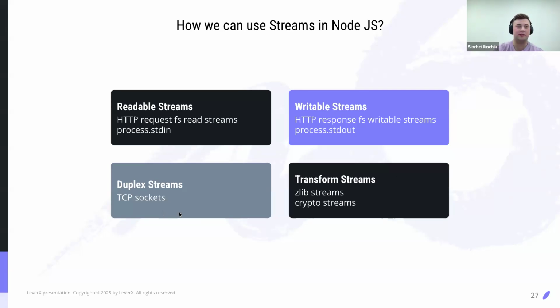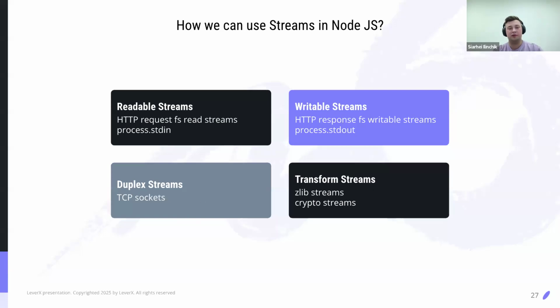Then we have duplex streams, which are TCP sockets or web sockets, as you know them. Basically, this type of connection between two servers is real-time communication. You have a mechanism to transfer data and a mechanism to receive data, and you can both read from and write to this duplex stream.